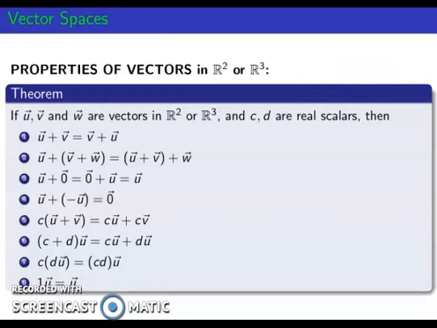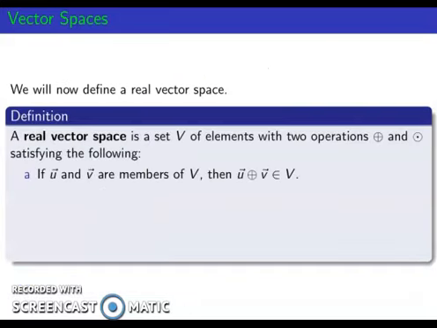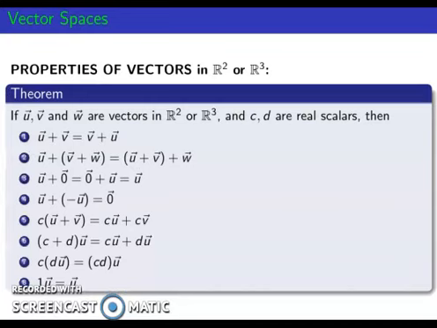Alright? So, and naging inspiration na itong vectors in R squared or R cubed to define those particular vectors that resemble the same properties with the vectors present no, in R squared or in R cubed.